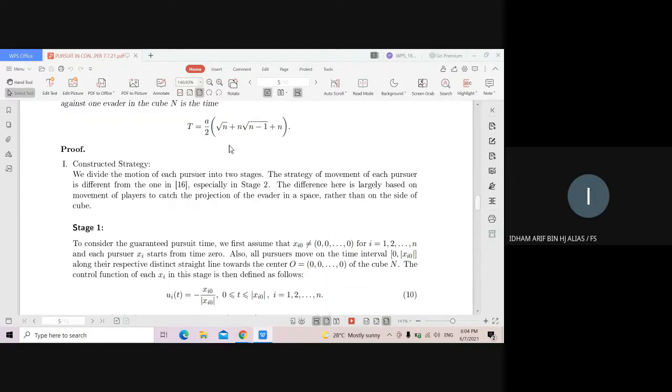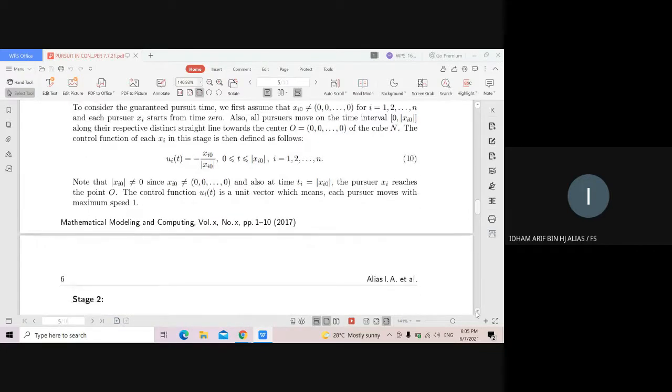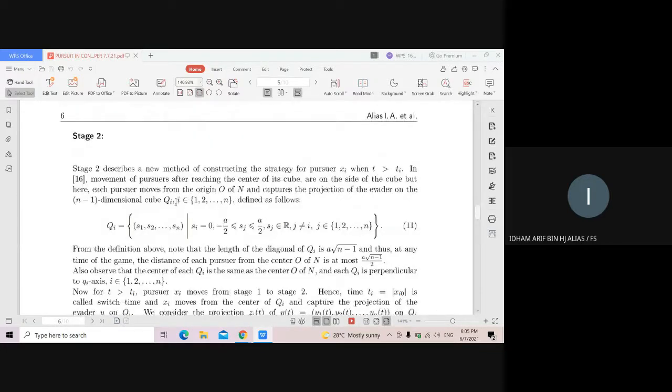So this second part consists of two stages. First of all, pursuers must move to the center of the cube. And then the second stage, after reaching the origin of the cube, the pursuers will move out by trying to capture the projection of the evader on this hypercube also, but with dimension less than 1 from the dimension n just now.